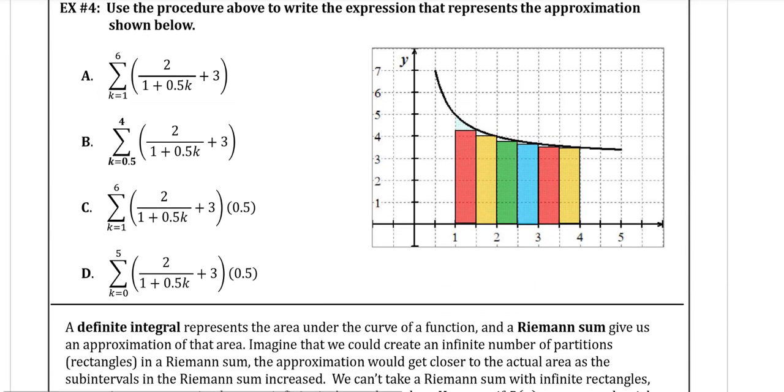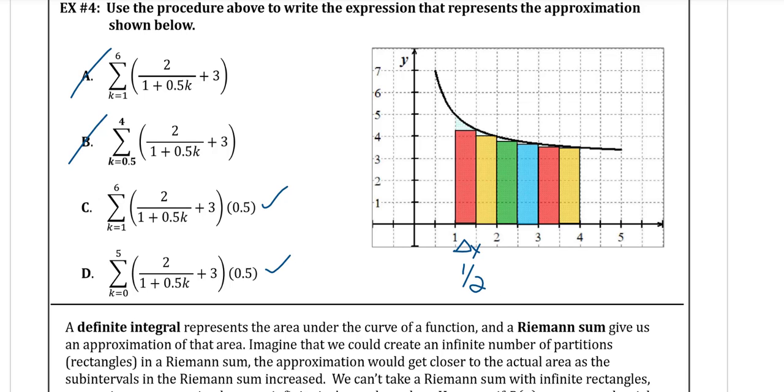Okay, so use the procedure above to write each expression that represents an approximation shown. So what you're going to do is look at these four expressions and determine which one is the correct one for the approximation we see here. So a couple of things. First thing is to recognize that A and B have to go because they don't have the delta x. As you can see, our delta x here is 1/2.